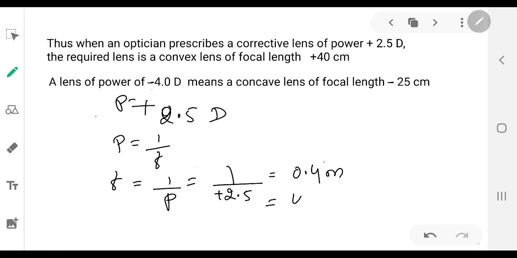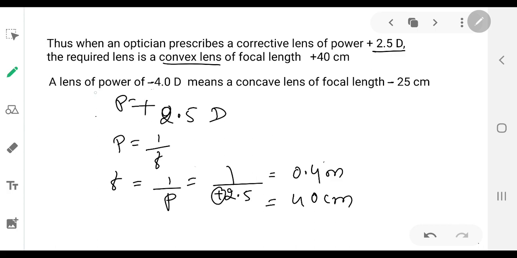It means 40 centimeter. So if it is prescribed to have the lens with a power of plus 2.5, it indicates that the lens required is convex lens, because the power is positive. Convex lens of focal length 40 centimeter.